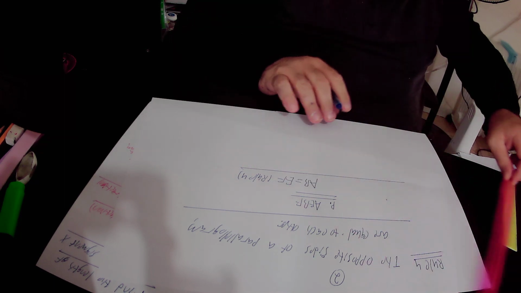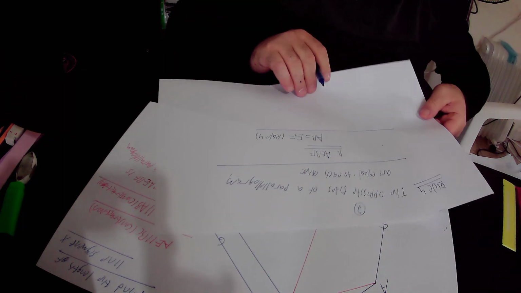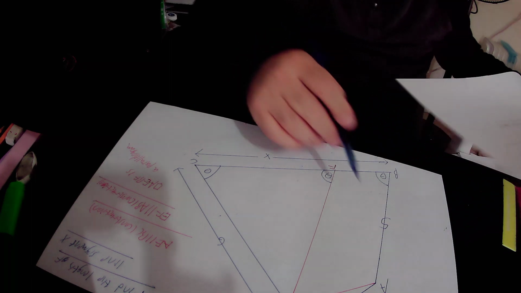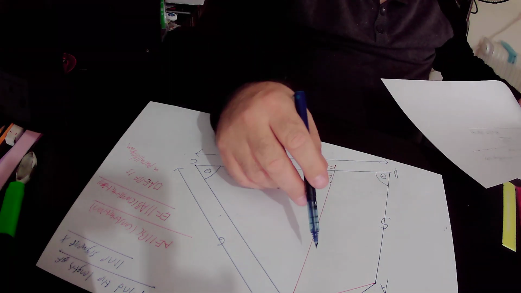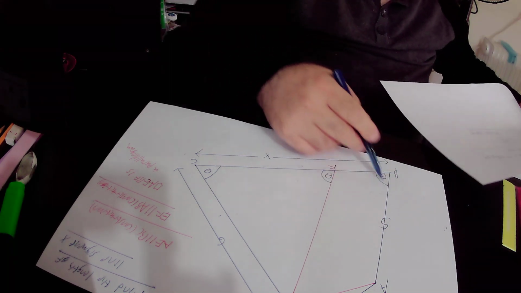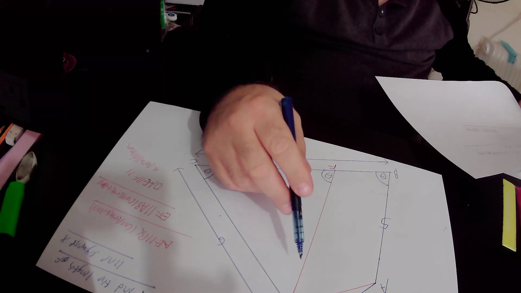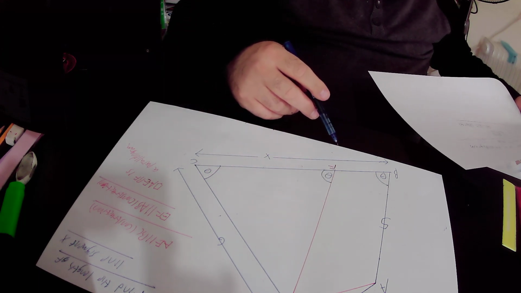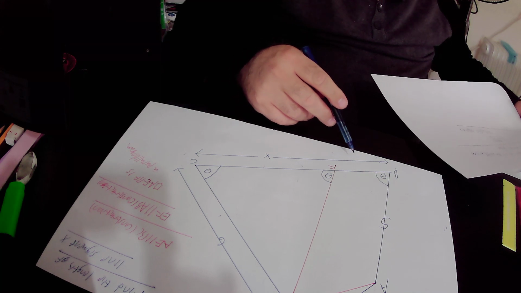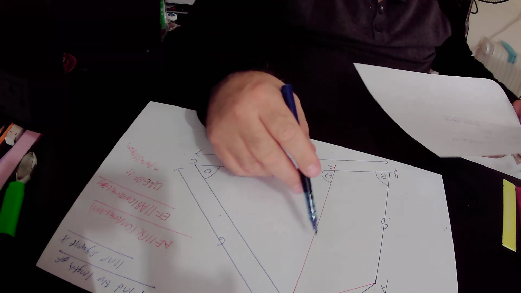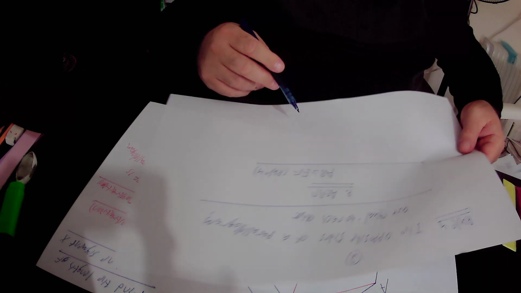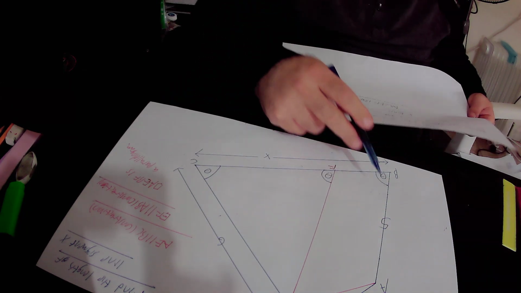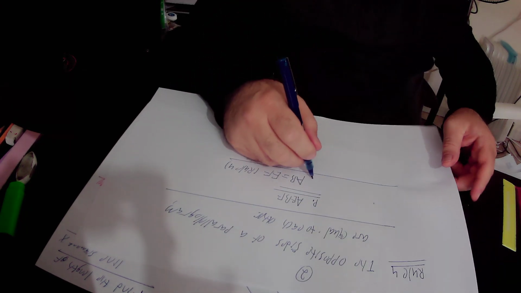I repeat again. According to rule number 4, AB is equal to EF because side AB is the opposite side of side EF, and the opposite sides of a parallelogram are equal to each other. That is to say, AB is equal to EF according to rule number 4, but AB equals 5 units according to what is given in the question.